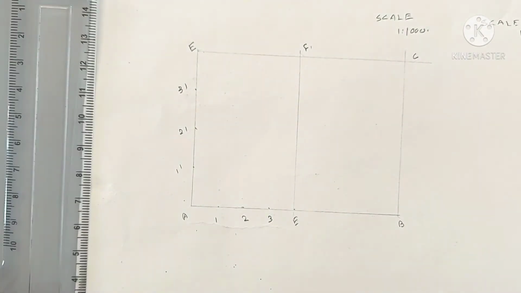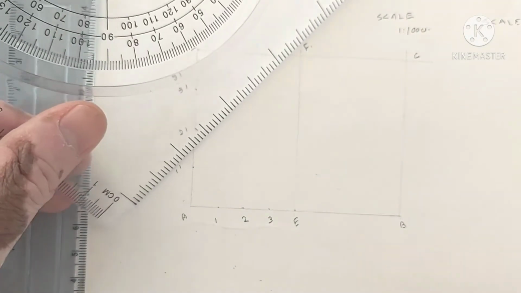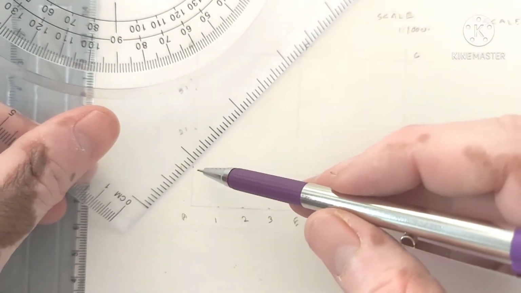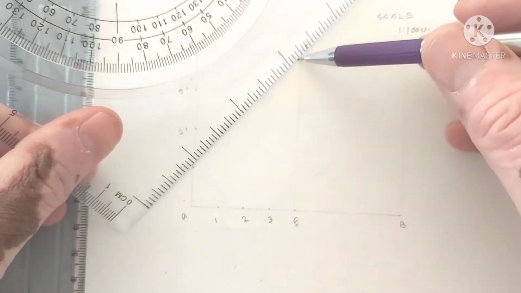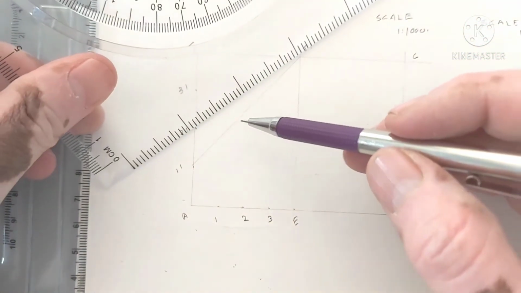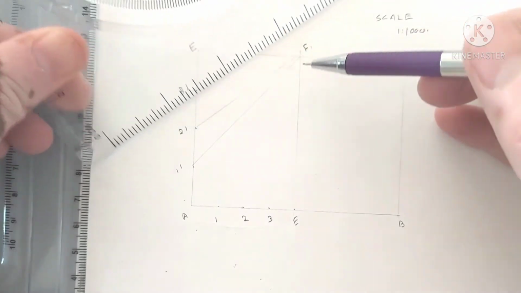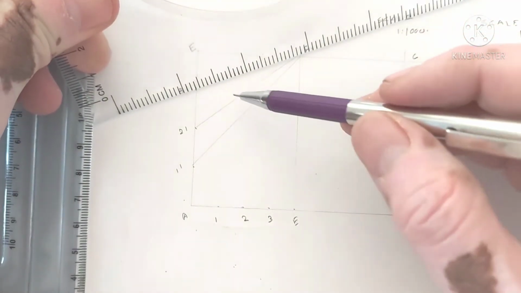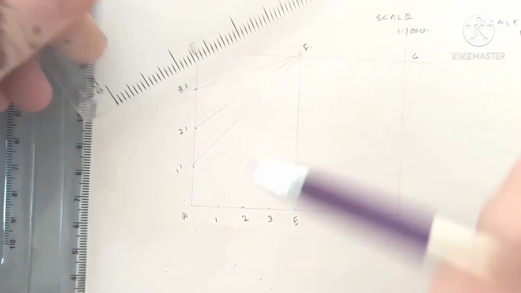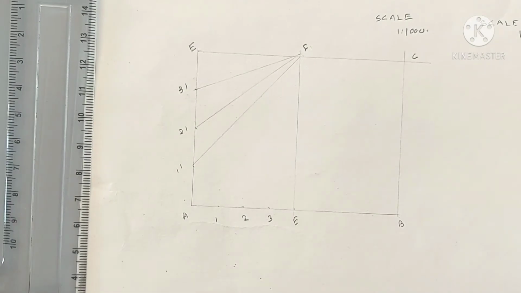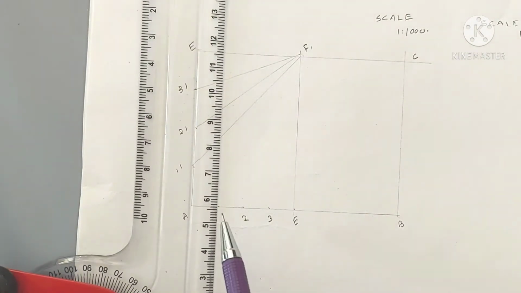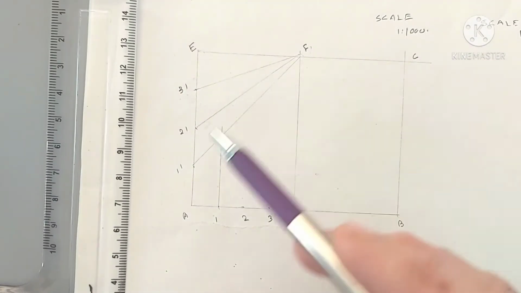The next step is join F1 dash, F2 dash, F3 dash. Then after that draw a vertical line from 1 up to F1 dash.